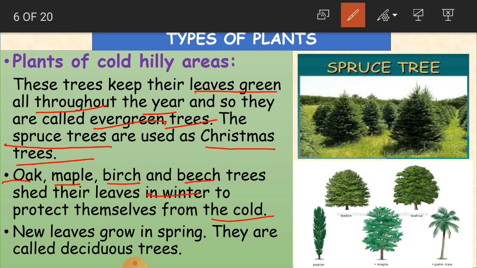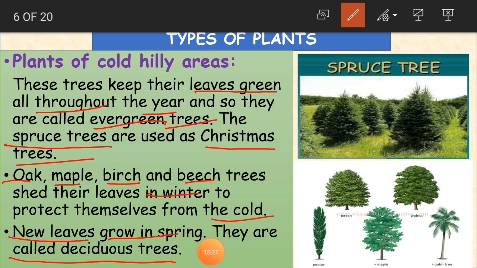New leaves grow for them in spring. These types of trees are called deciduous trees. Clear, children? So what are deciduous trees?